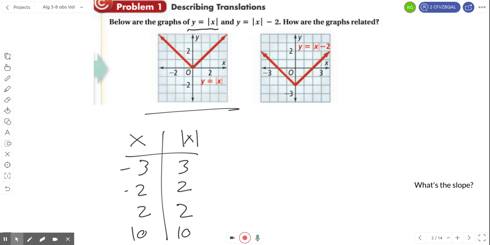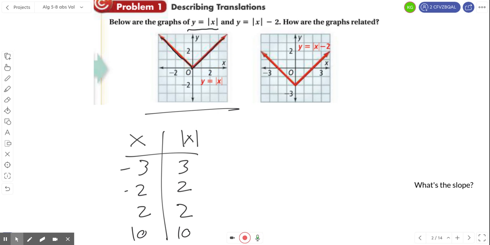And that's what we see here in the graph as well: as x is -2, the output is +2. As x is -4, the output is +4. And so this graph of the absolute value function is always positive.